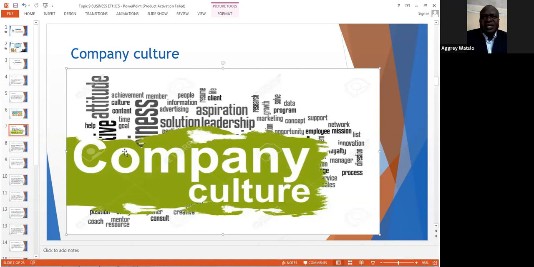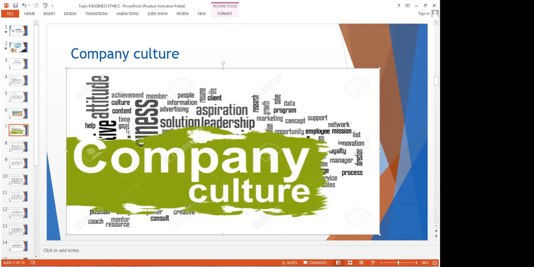So the company culture can focus on the attitude of the workers, achievement, the general culture of people, the content, time management. Members need also to set goals. So goals are set in the company.